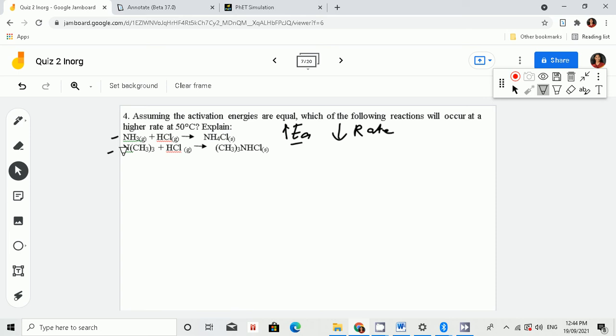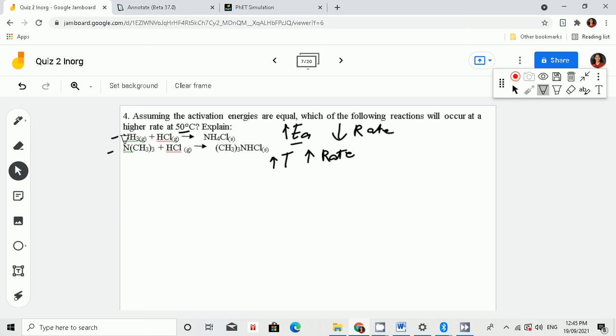Now let's go to the temperature. We know that temperature affects the reaction rate. If we have higher temperature, we have a higher rate. And it says that it's 50 degrees Celsius, so they have the same temperature also.